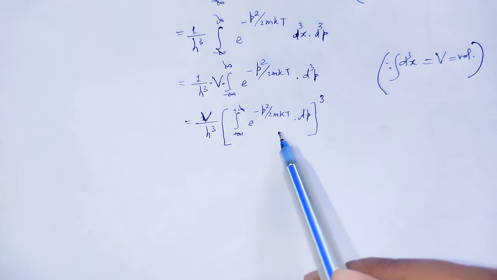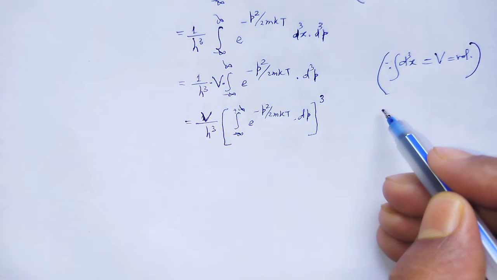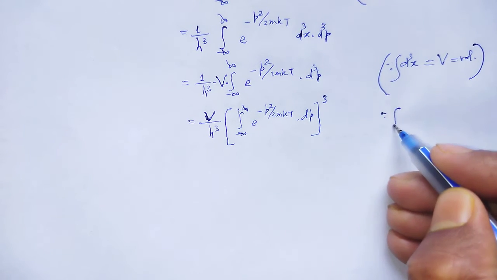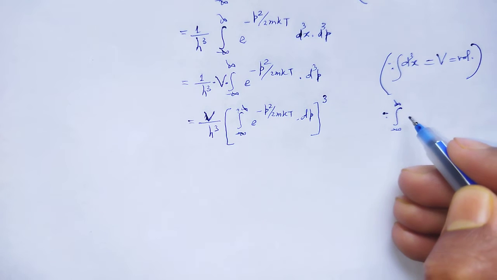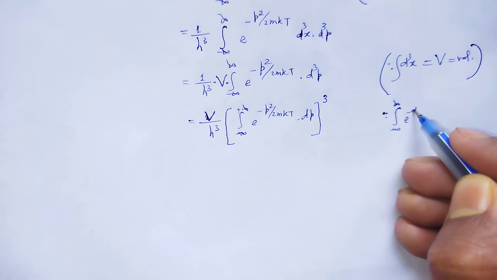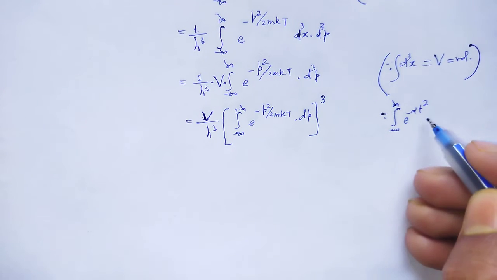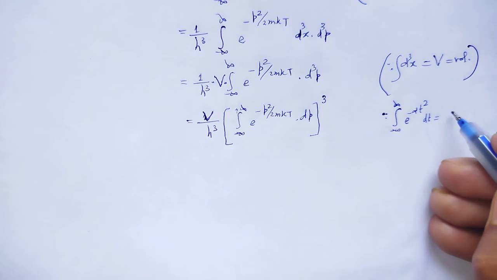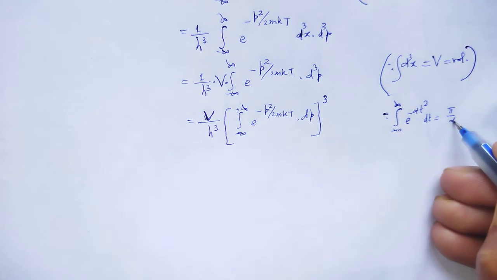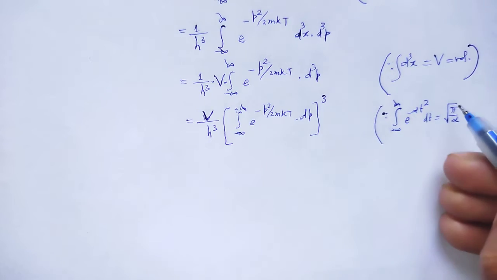That is a standard integral. Standard integral as integration over minus infinity to plus infinity e to the power minus alpha t square dt is equal to pi divided by alpha under root.